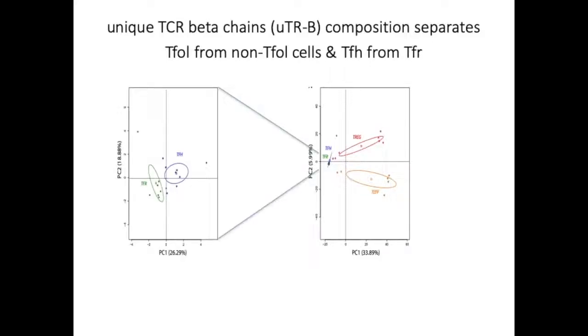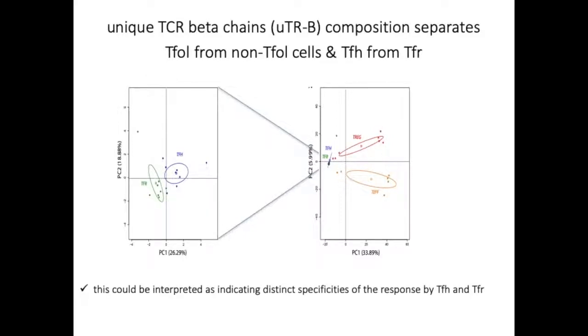But if you redo the PCA, getting rid of the Treg and the Tf, you will see that they are indeed a bit apart, one from the other, which you could interpret as a kind of indication that there are distinct specificities in the immune response by Tfh and Tfr. But this is a bit of a loose interpretation.